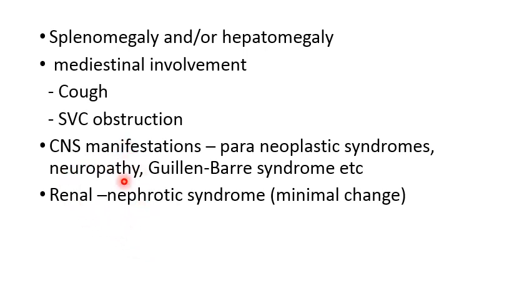If it is an epitrochlear node, they can present with ulnar nerve palsy, or any nerve compression. If it's femoral, then they can present with femoral nerve palsy. So any compressive neuropathy, or sometimes they can present even with Guillain-Barré syndrome or meningitis-like syndromes.